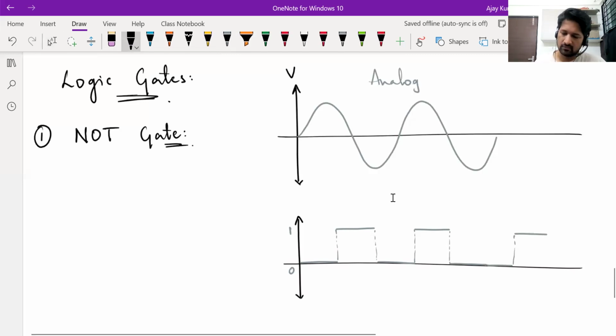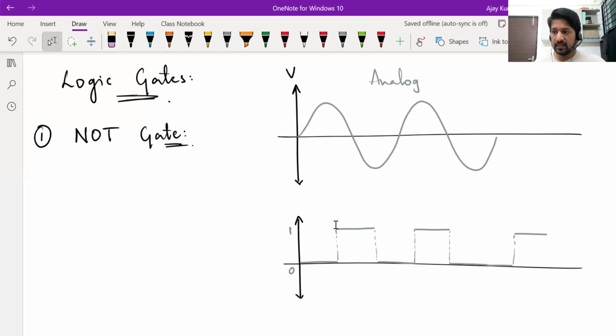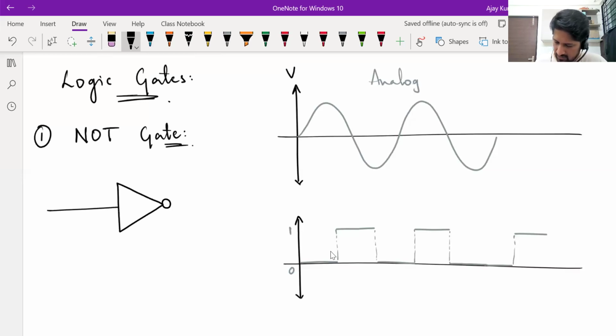Now, the first gate that you need to know about is a NOT gate. Basically, what a NOT gate does is it negates the input. What do we mean by negating the input? The output will exactly be the opposite of the input. The symbol for a NOT gate is this. You need to remember the symbols. A triangle with a circle in front of it.